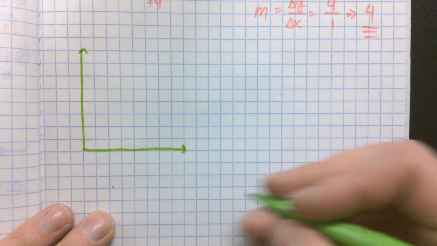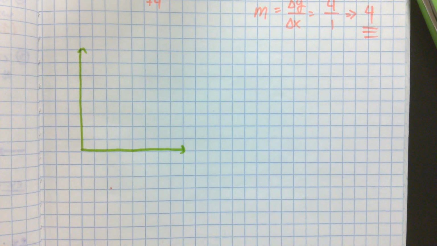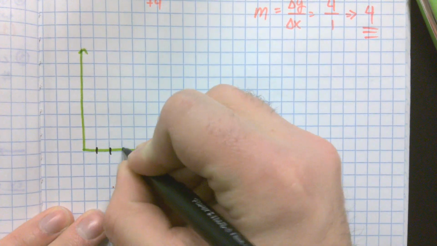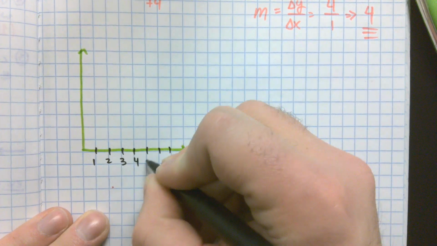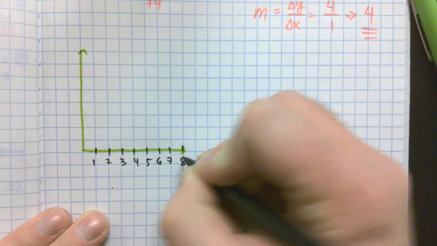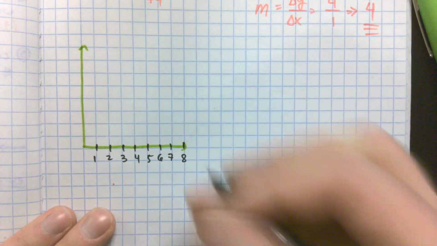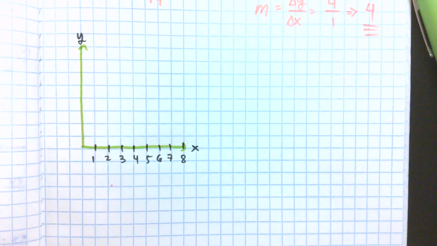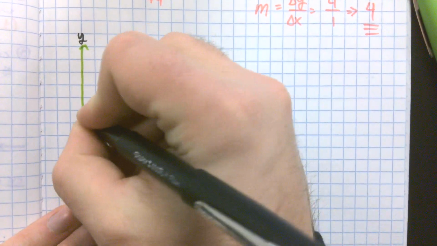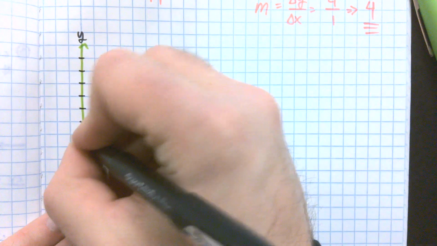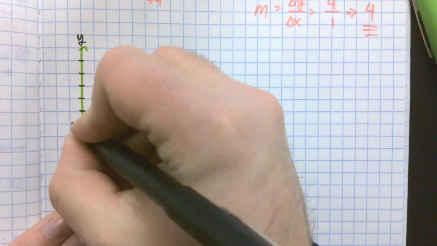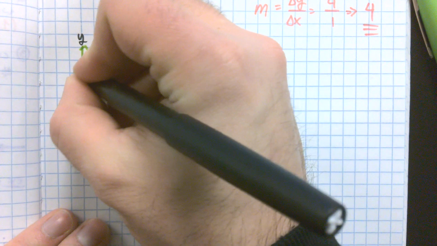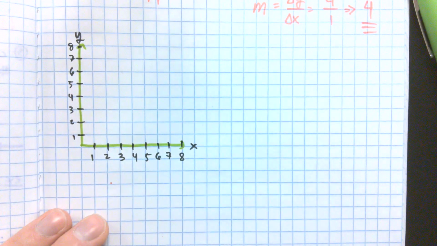Quick little graph. On the x, we're going to have, let's see, what should we have? 1, 2, 3, 4, 5, 6, 7, 8 on my x-axis. Then on my y-axis, I'm going to have the same thing. 1, 2, 3, 4, 5, 6, 7, 8.